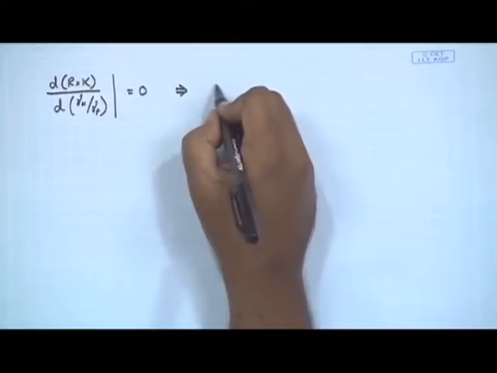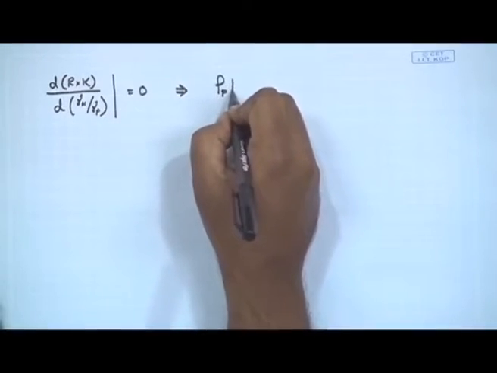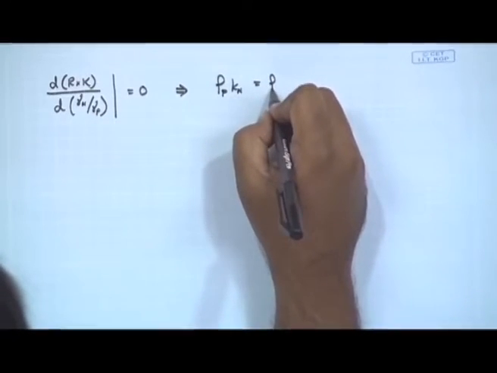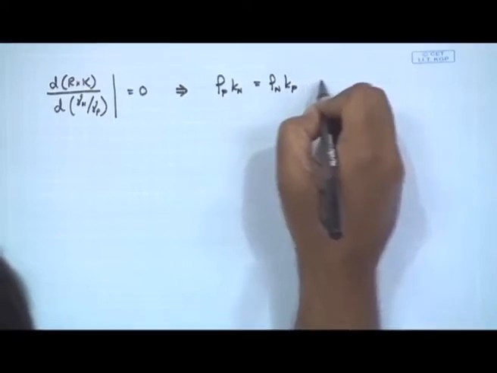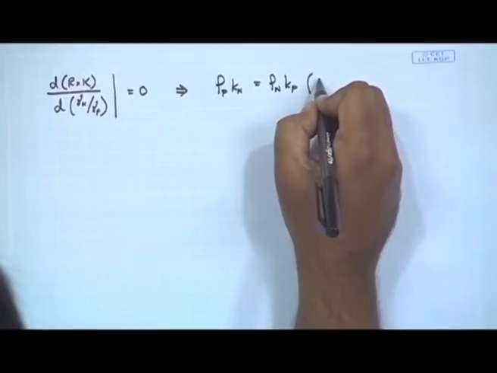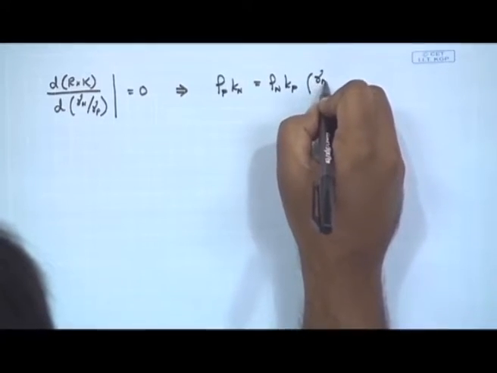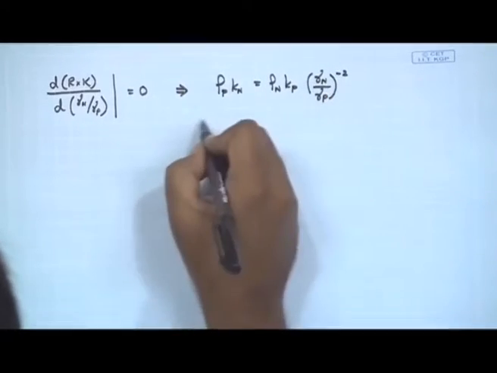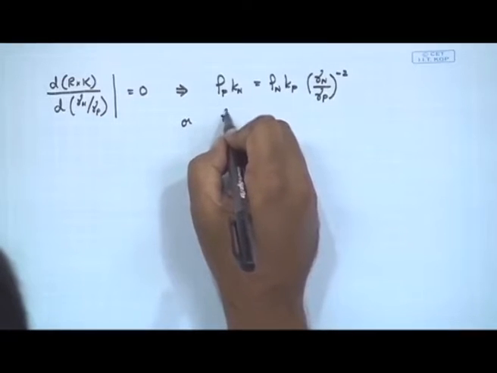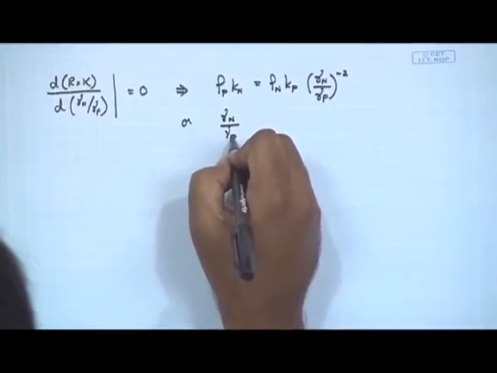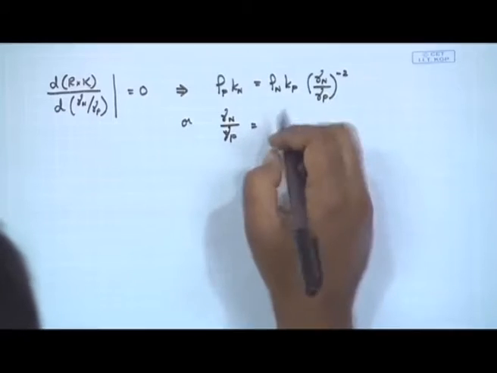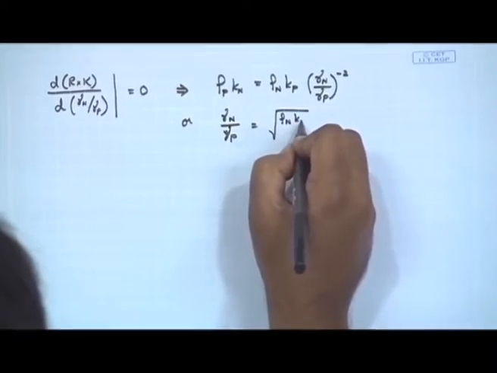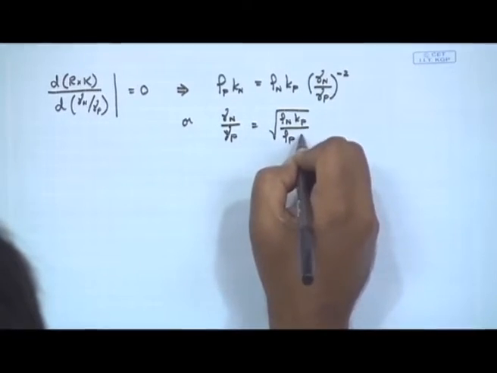This will imply that rho p k n is equal to rho n k p times gamma n gamma p to the power minus 2, or simplified further, gamma n over gamma p is going to be rho n k p divided by rho p k n.